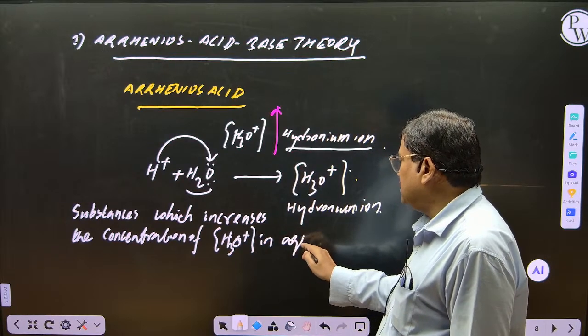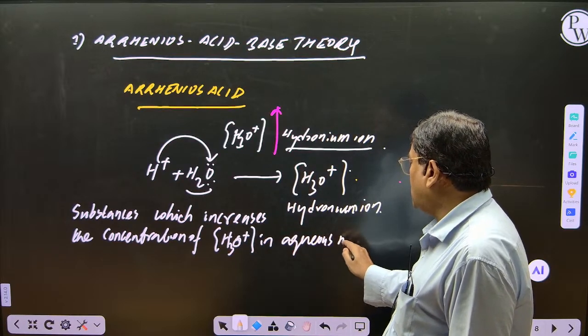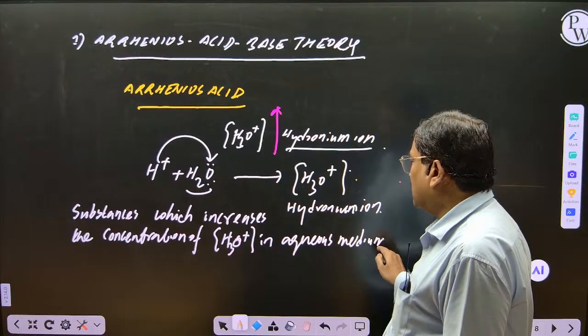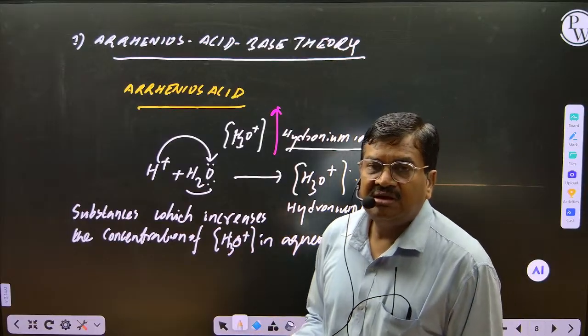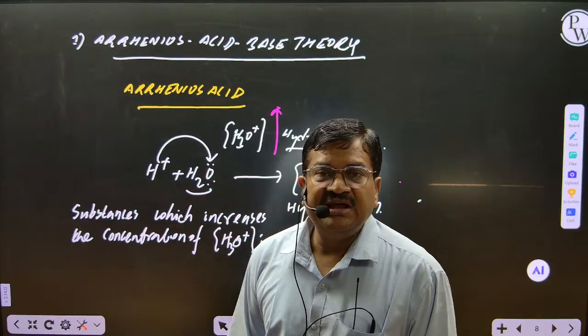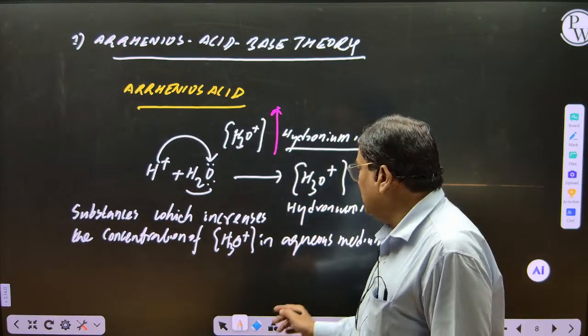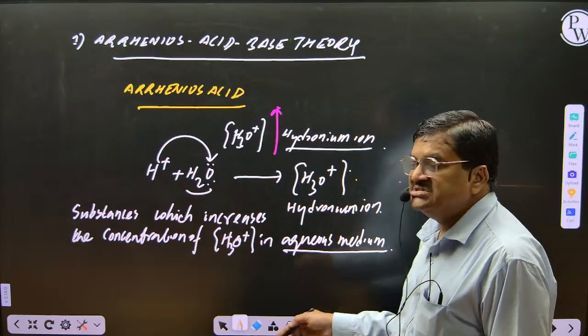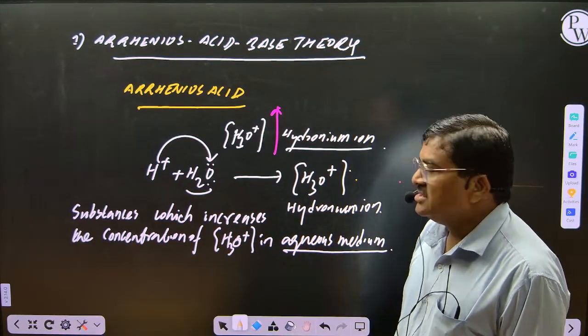Aqueous medium. What does aqueous mean? Water. That means if water is not there, this theory couldn't tell who is acid and who is base. So this is one of the limitations. Only in water medium does this theory tell who is acid and who is base. So understood, simple, no?